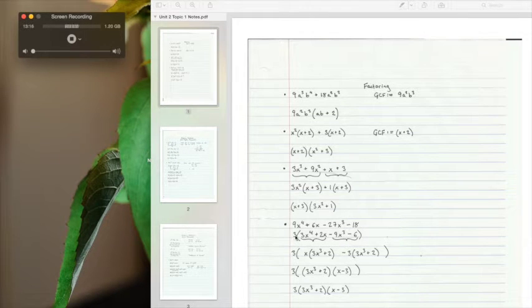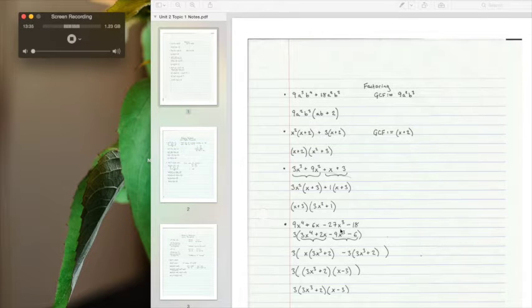I'm going to pull out that 3, and then in parentheses, I'm going to write down the result when I divide each term above by the greatest common factor of 3. So 9x to the 4th divided by 3 gives me 3x to the 4th. 6x divided by 3 is 2x.